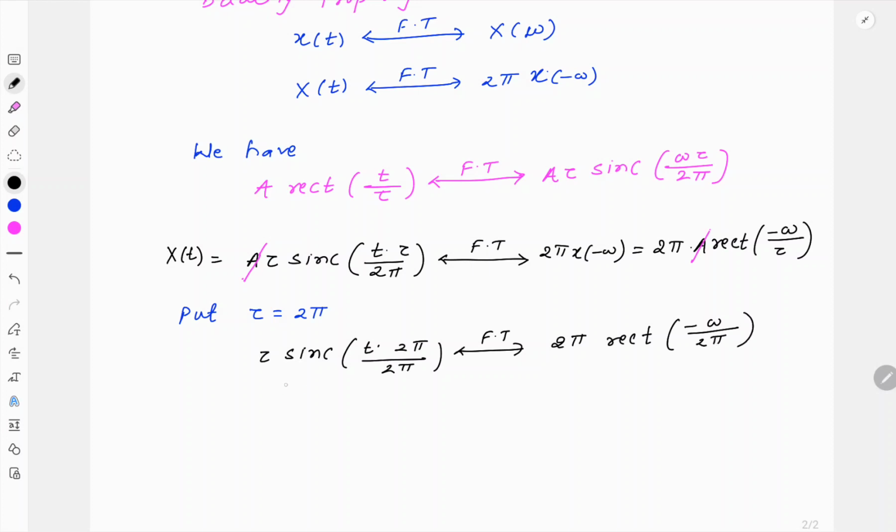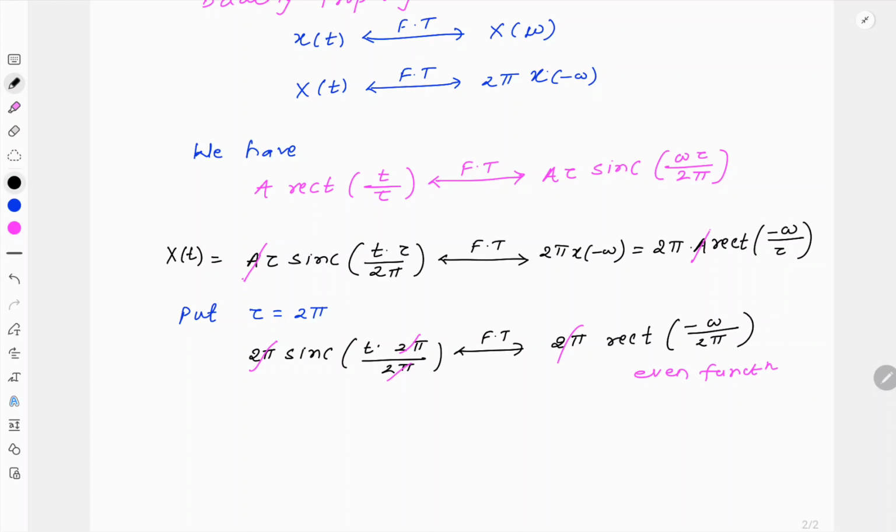So let us simplify it further now. This tau is again 2 pi, so we have to replace it with 2 pi. Both sides have 2 pi, so it can be cancelled out. And the rect function is an even function.